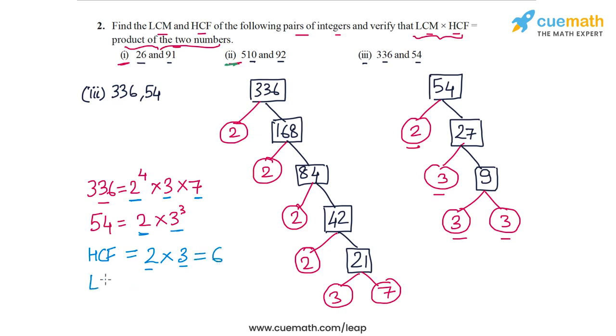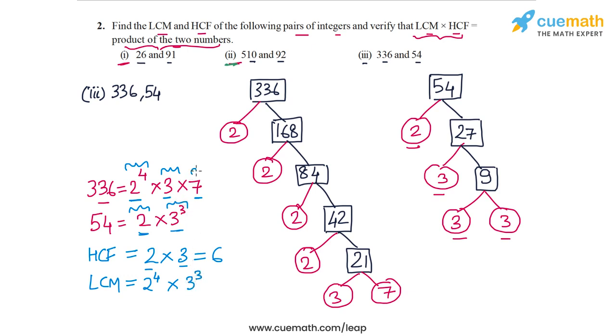Now to find the LCM, we will take the product of the largest power of each prime factor in the two numbers. So 2 occurs 4 times in the first number and once in the second number. So in the LCM it will occur 4 times. So we have 2 to the power 4. Then 3 occurs once in the first number and thrice in the second number. So in the LCM it will occur thrice.